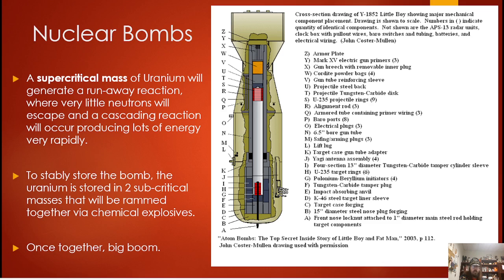To do that, they create what's called a supercritical mass of uranium, that essentially generates a runaway reaction, one where the majority of the neutrons will be absorbed and produce more neutrons, and this will create a domino effect that produces a lot of energy very rapidly that will continue to build up. So, in order to do this, a lot of nuclear bombs essentially store two subcritical masses that need to be rammed together.